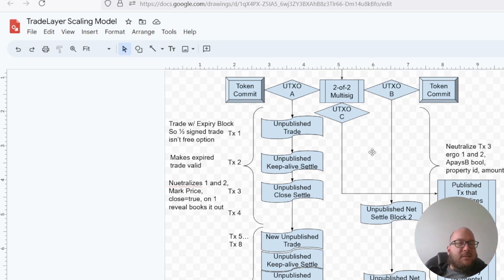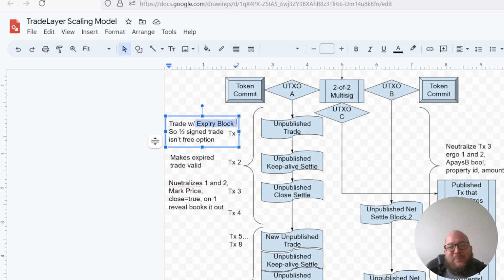Then it's like, well, how do we know what block it was? These weren't published, right? That's how time is measured in Bitcoin, in blocks. But you're trying to avoid publishing because it's expensive. So what do we do? We rely on the expiry block.